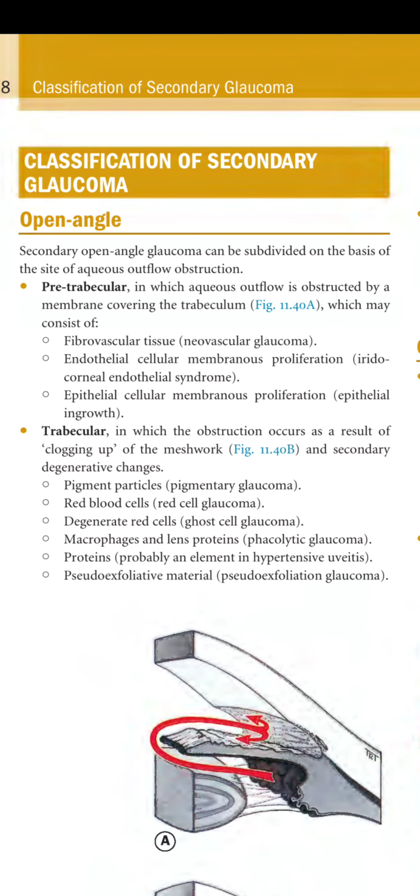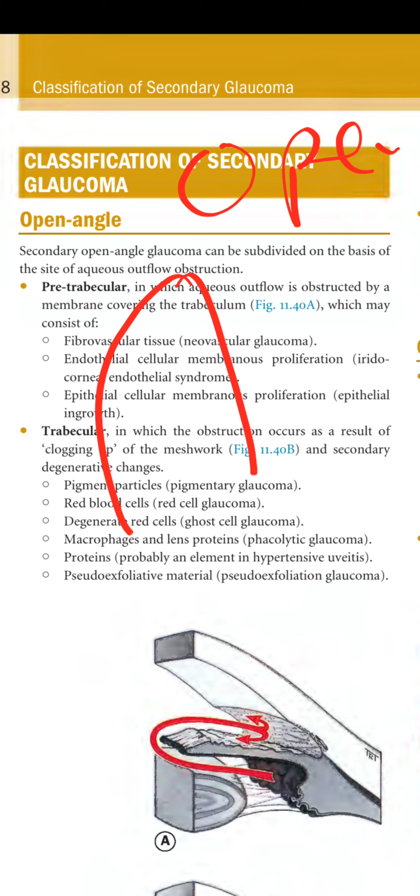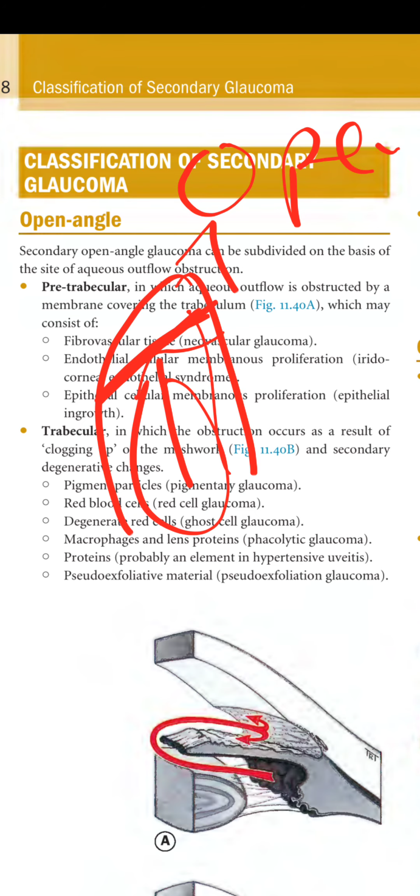So, secondary open angle glaucoma can be subdivided on the basis of the site of the aqueous outflow obstruction. Pretrabecular, in which the aqueous outflow is obstructed by a membrane covering the trabeculum, which may consist of... So, in case of open angle secondary glaucoma, basically the angle is open, but there is a membrane that has been formed which is obstructing the flow from the anterior chamber to the trabecular meshwork.